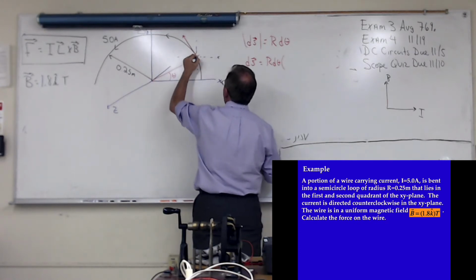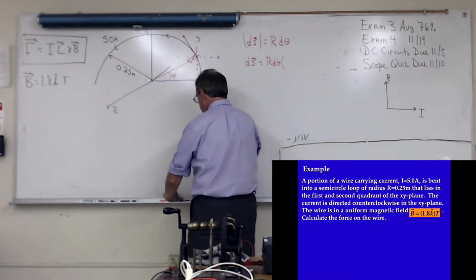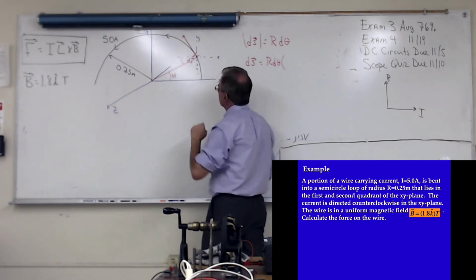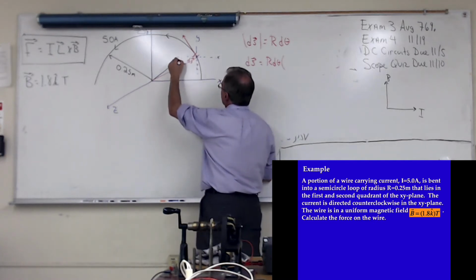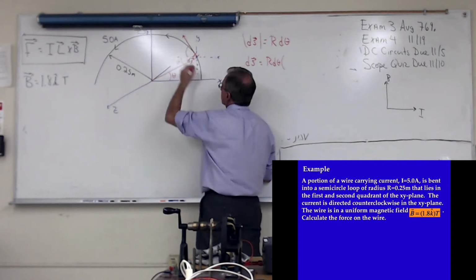At least the x and the y directions. Okay. So if this angle is theta, what's this angle? That one's also theta. Yeah. And what about this one? 90 minus theta. Okay.